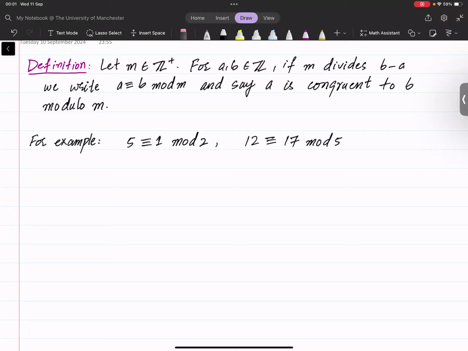So 5 divides 17 minus 12. Similarly, we have also minus 91 congruent to 17 mod 12. So 91 plus 17 is 108, and it is divisible by 12. Similarly, the other one is 531 is not congruent to 0 mod 4. So 531 is not divisible by 4.